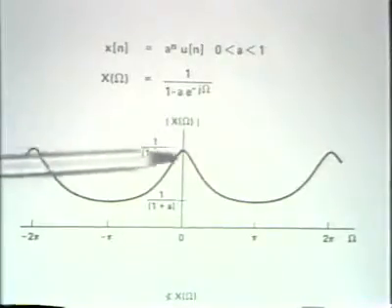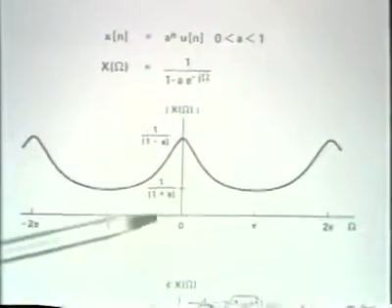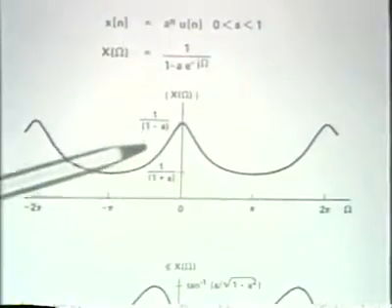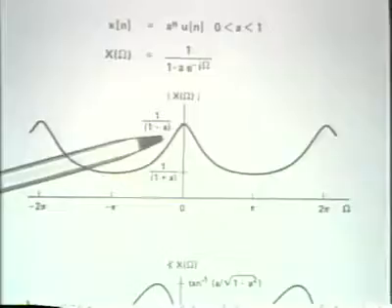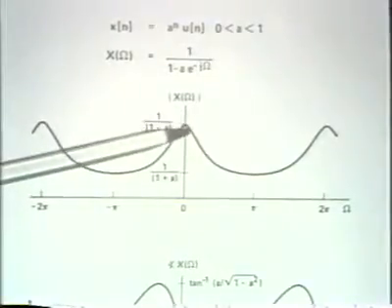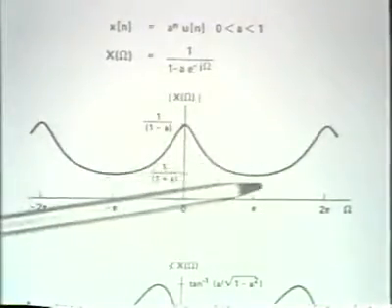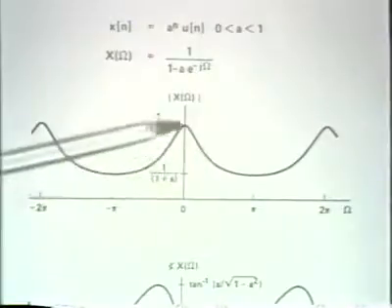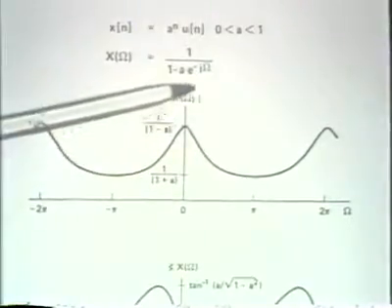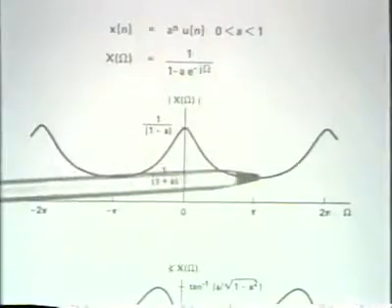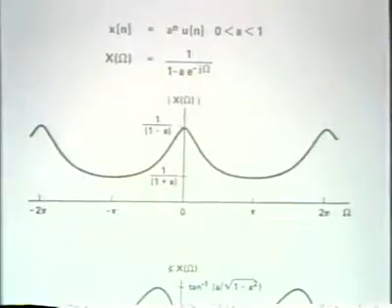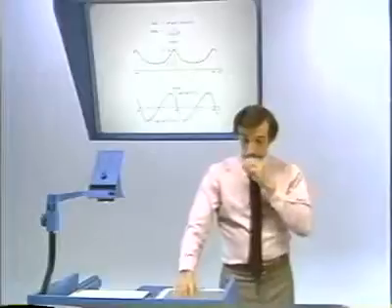Let me also draw your attention to the fact that if a were in fact negative, then this value would be less than this value. And in fact, for a negative, the magnitude of the frequency response would look like this, except shifted by an amount in omega equal to pi.